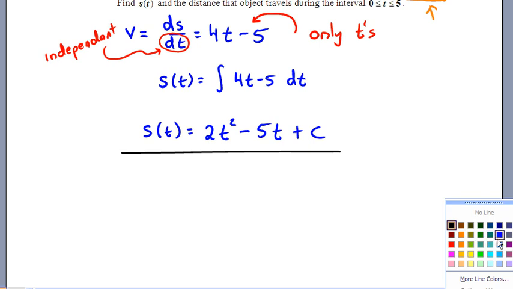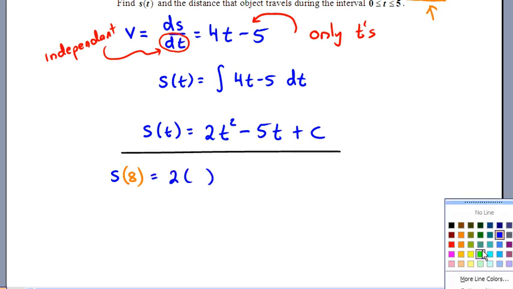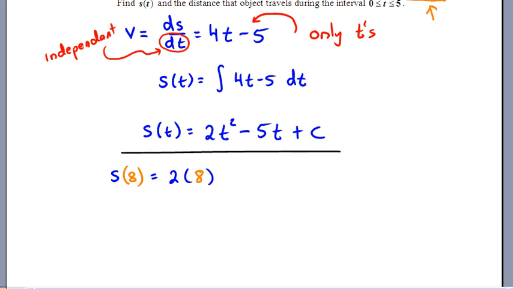So I would have s when I put in the time of 8 equal to 2 times that time of 8 squared, minus 5 multiplied by that time of 8. When I do that, this c is the perfect size, so that when I add that c on, I end up with their story of a position of 100.